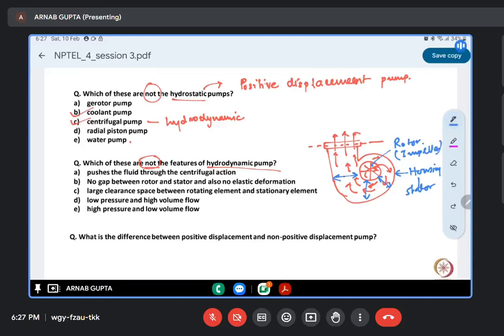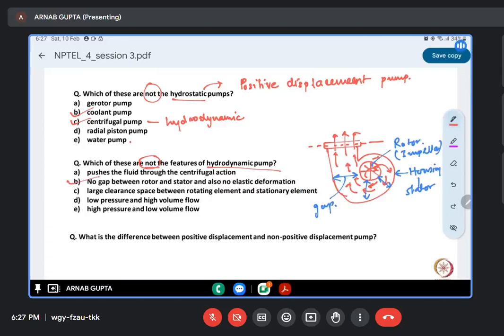So there is a considerable gap, a large clearance space between the rotating element and the stationary element. So this is the correct option to pick as not a feature. Rather, this is a property of centrifugal pump.